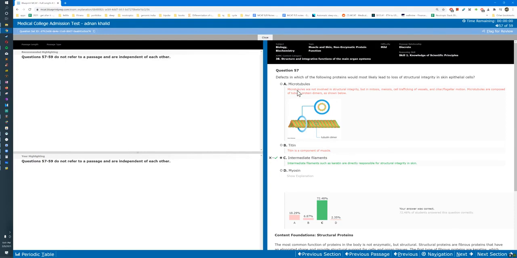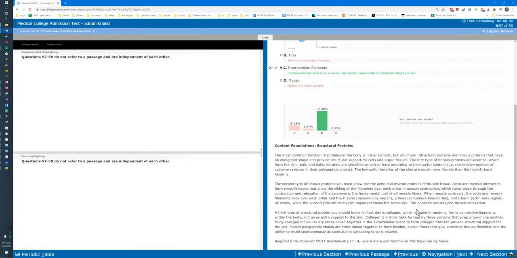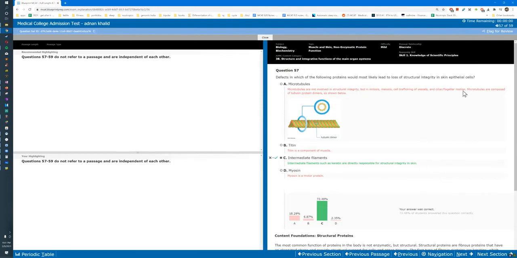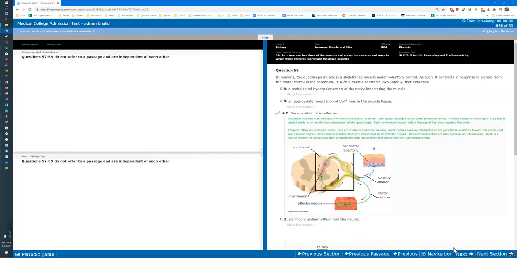I know that myosin is made of microtubules, I'm pretty sure. Myosin, right? They're made of actin and myosin. Anyway, I'm pretty sure I'm right here, because it's like the thick filament. So I just chose intermediate filaments from guessing and process elimination.